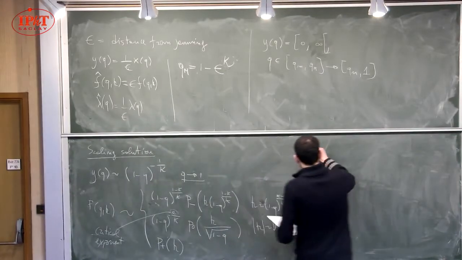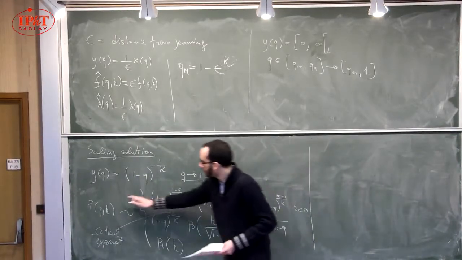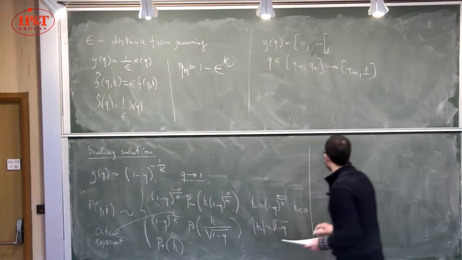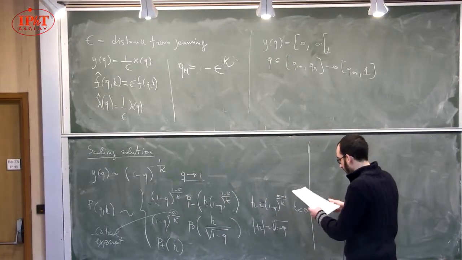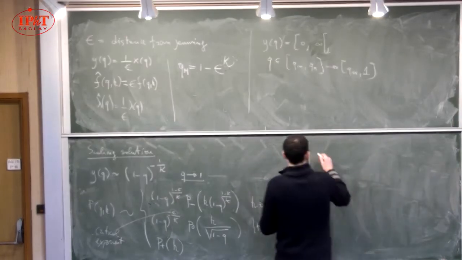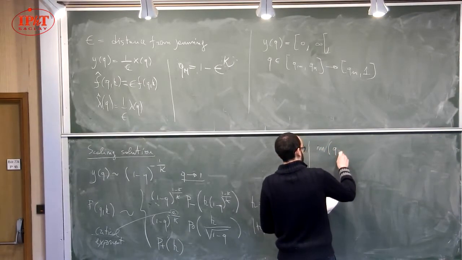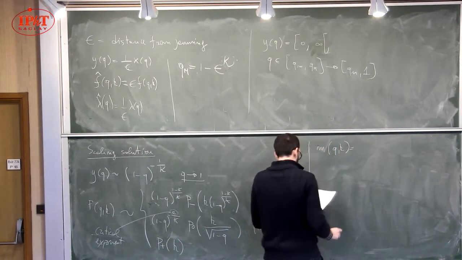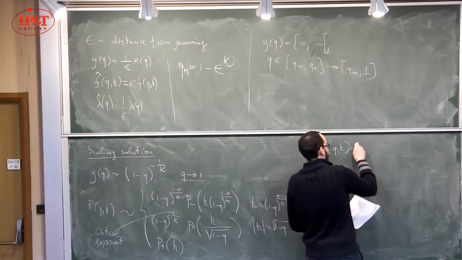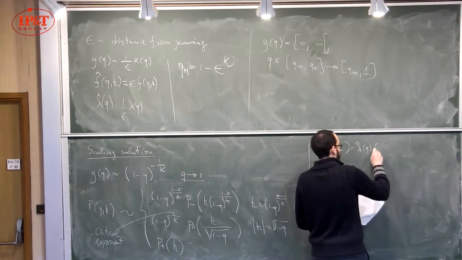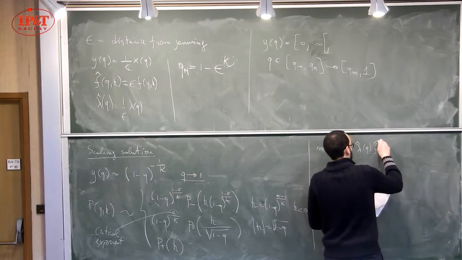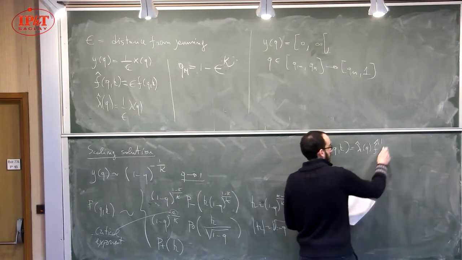And finally, this is the scaling form for P. And now I would like to describe the scaling form for F. So let me introduce M of Q and H, and this is prime.